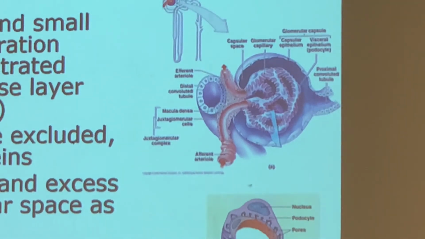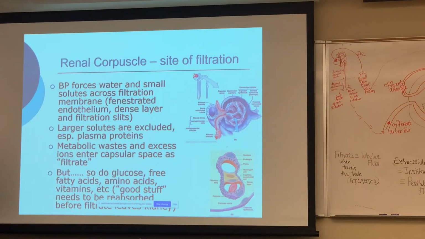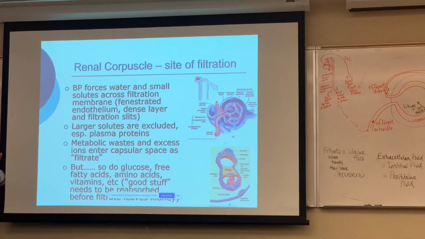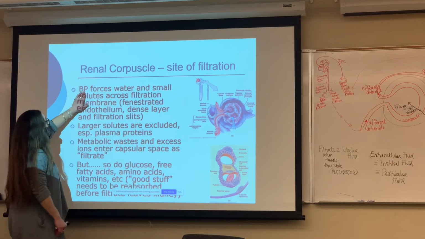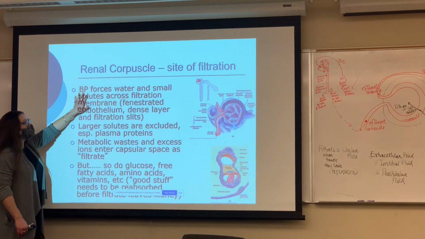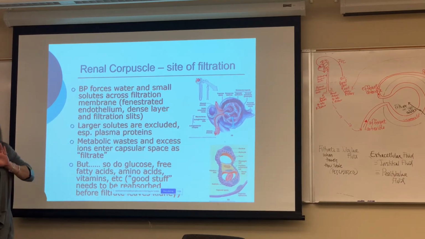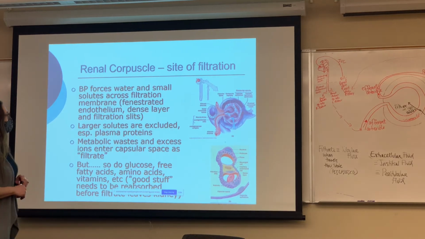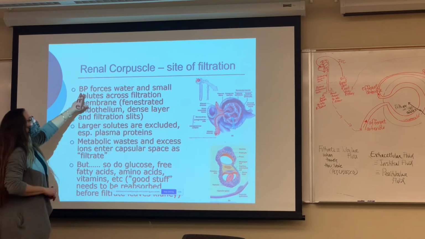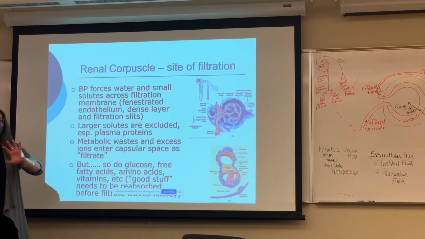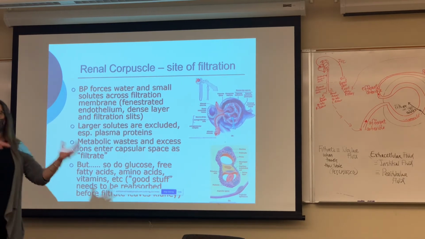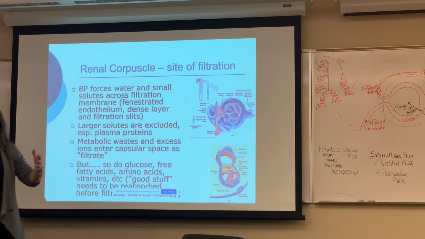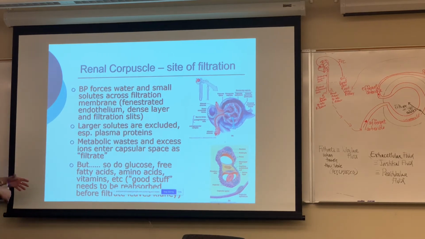So this right here is telling you that the driving force for filtration, what is ultimately causing filtration to occur, is blood pressure. The blood pressure in the glomerulus is forcing water and solutes out. The higher your blood pressure, the more water and solutes that will come out, and potentially the more of other things that shouldn't be out, like plasma proteins, like cells.